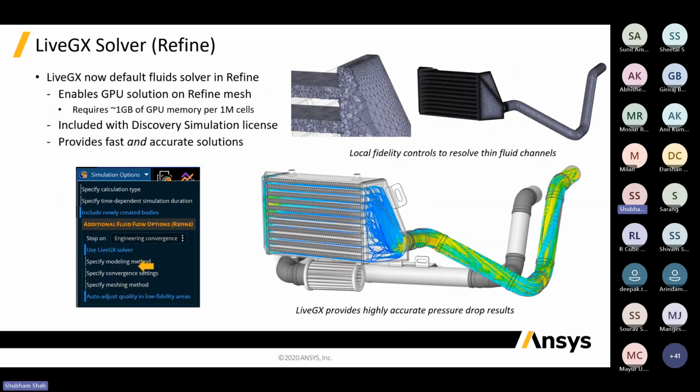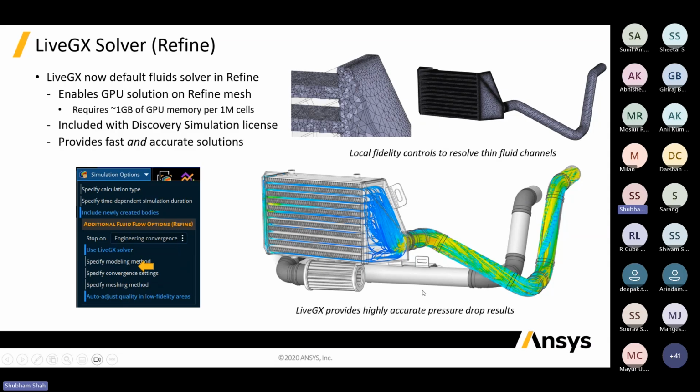Then there is a Live GX solver for CFD in a refined mode. Basically this helps you to solve the fluids in the refined mode for the high fidelity simulation. On the left hand side you can see you can specify the convergence, you can use the Live GX solver.